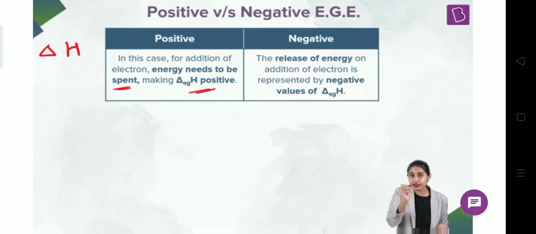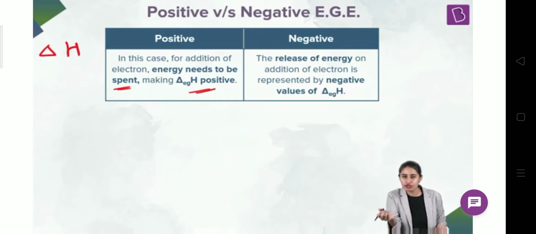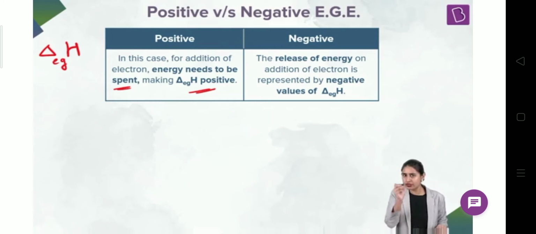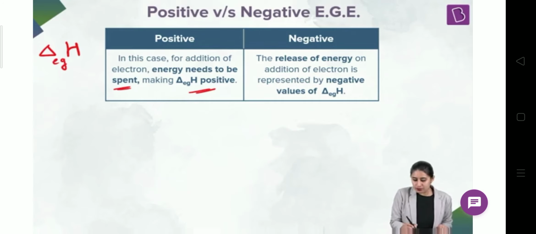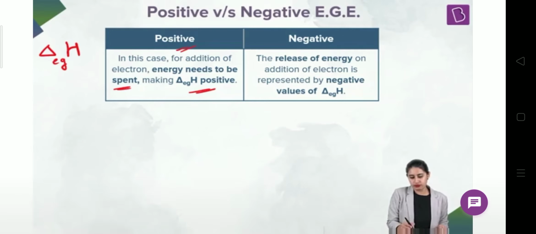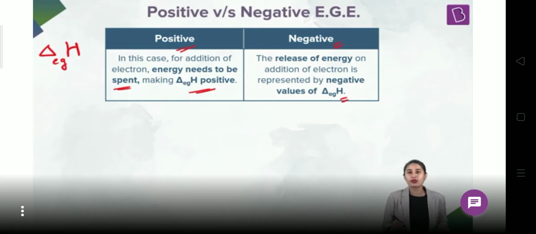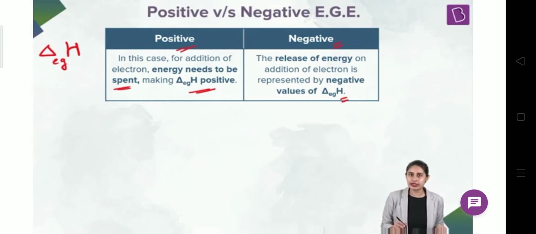Delta H, which we write for enthalpy change or energy change, delta H, Eg, written as a subscript just below this triangle. We write this Eg, which stands for electron gain. So delta H is positive, as the name suggests, right? Whereas negative in case of negative electron gain enthalpy.